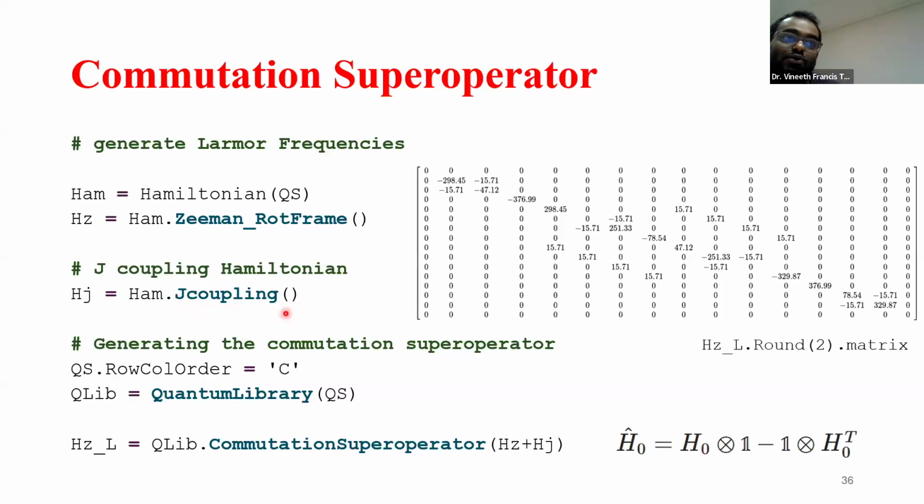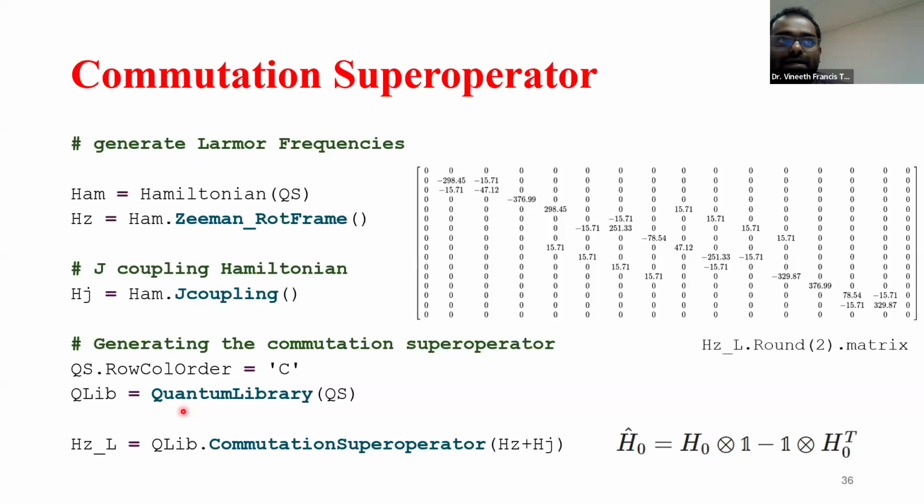Now comes the use of the module quantum library, because to solve the Liouville equation, you want to create the commutation superoperator. So we use the methods defined in this class, quantum library. In Liouville space, we vectorize the density matrix, and depending on how we vectorize the density matrix, by row or column, the definition of the commutation superoperator will change.